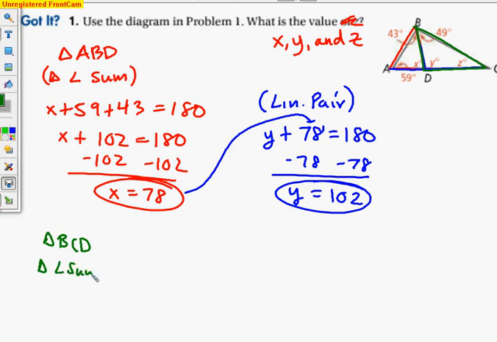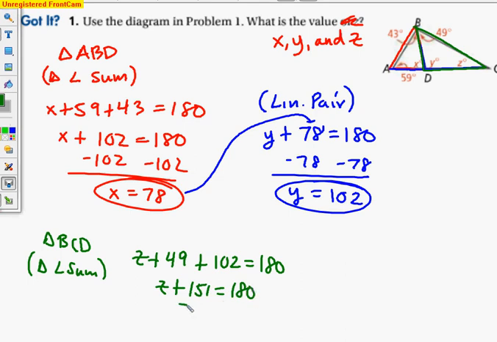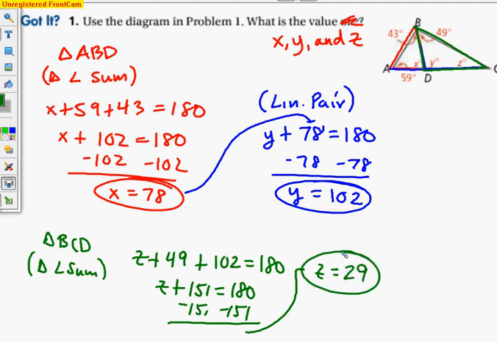So I'm going to do z plus 49 plus y, which is 102, equals 180. That's z plus 151 equals 180. Subtract 151. And z is 29. And there's x, y, and z in this problem. Triangle angle sum theorem.